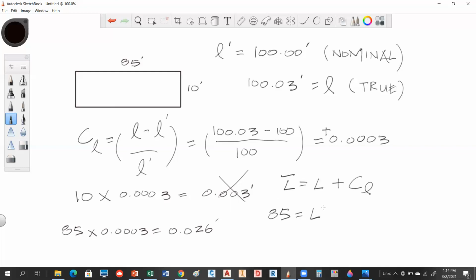We don't know what we're measuring in the field, but we know that we're adding what? 0.026. When we bring this guy over to the other side, what happens is you have 85 minus 0.026, and what that gives us is 84.97. That's what you would lay out to get 85 feet with a tape that's too long.